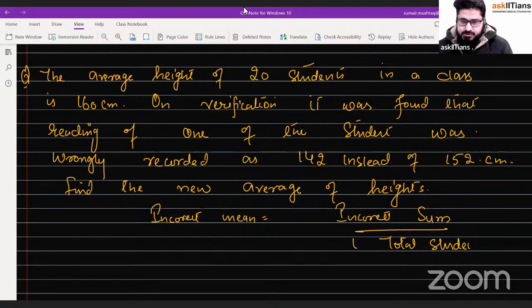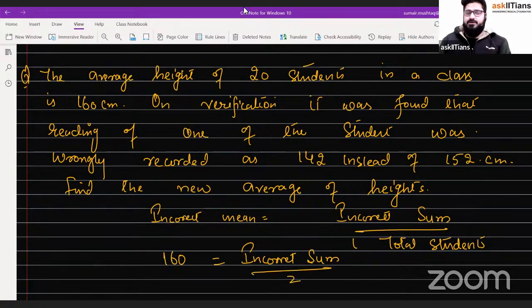Total students. What is the incorrect mean? That is equal to 160. Okay. What is the incorrect sum? We don't know. Incorrect sum divided by 20, right? Is that okay?